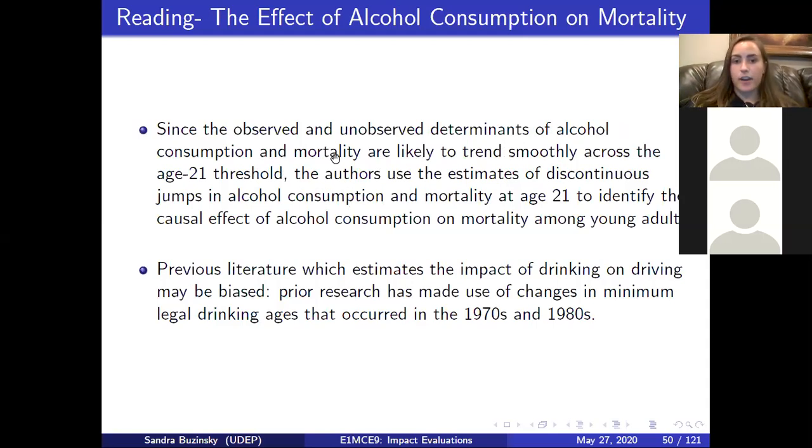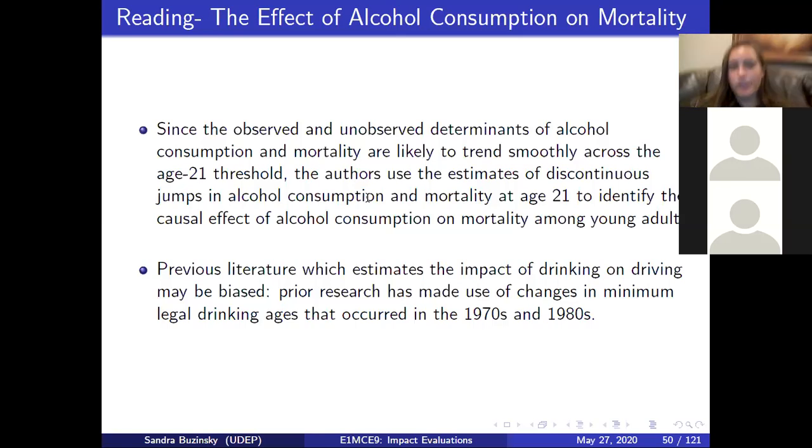Okay, so they're saying that other factors would be smooth across 21. So individual characteristics, how risky you are, any sort of behavior thing, those should all be consistent across 21. The only thing that should really change is the fact that you're legally allowed to drink.